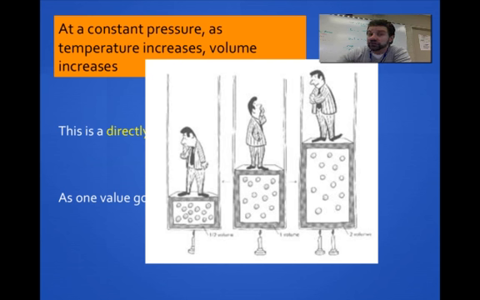The particles are moving faster, so they strike the walls harder and more vigorously, causing the pressure to increase so much that he starts rising on the cylinder. And then in the third picture, we see two candles underneath this gas cylinder, which is taking him much higher. Gas particles are moving with greater velocity, they're striking the walls in greater number, and that is increasing the pressure.